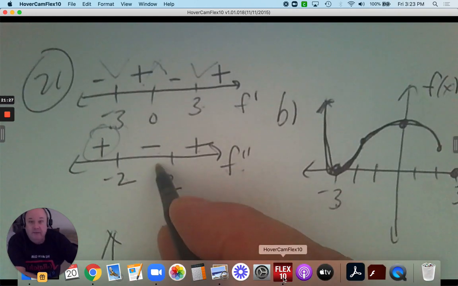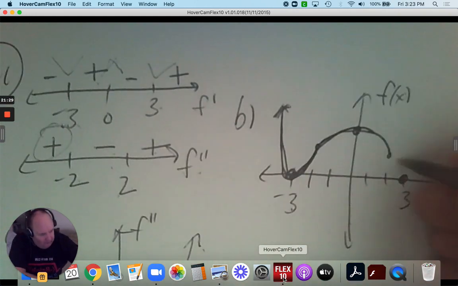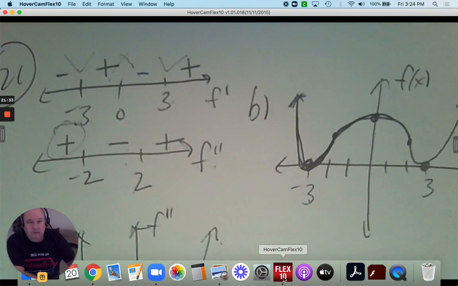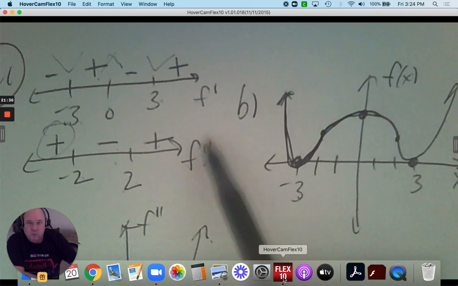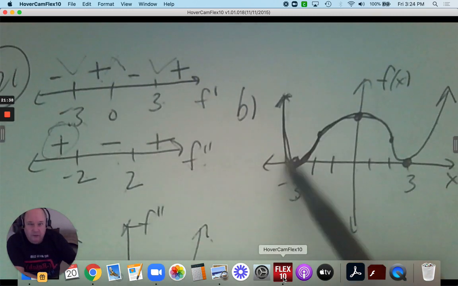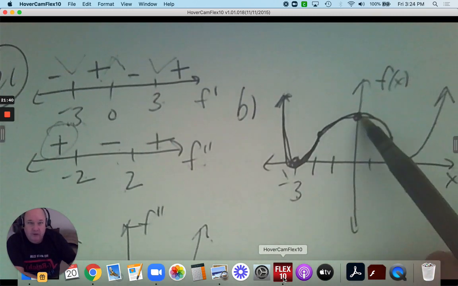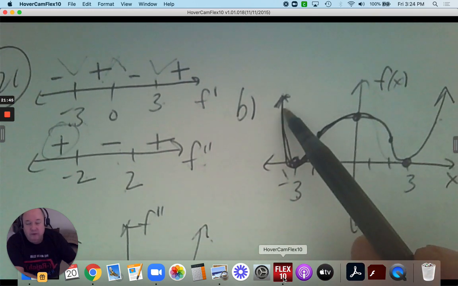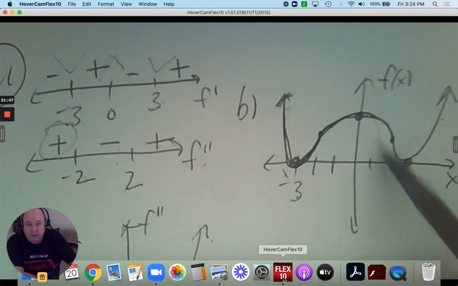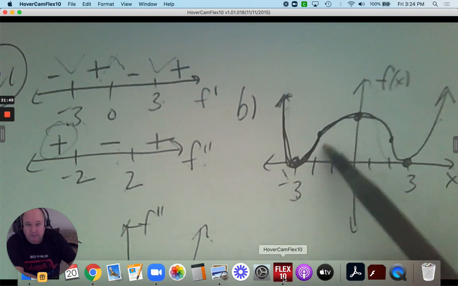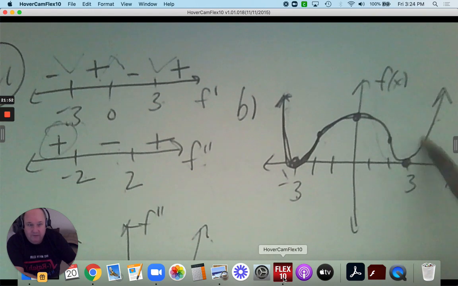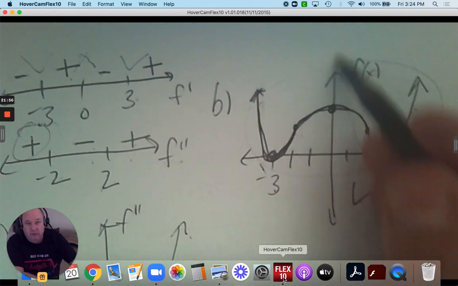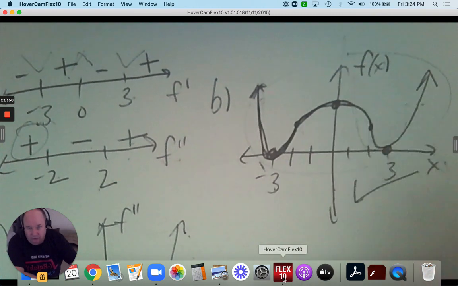And it's concave down up to 2, and then after 2, it's concave up again. Make sure this matches. So first of all, it decreases, and then it increases, and then it decreases, and then it increases. There's a minimum, a maximum, and a minimum. Concave up, concave down, concave up, and this function matches this. This picture might be shifted up or down, but this is what the picture looks like.